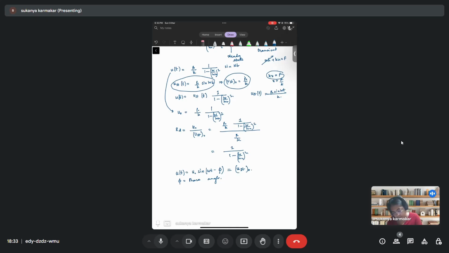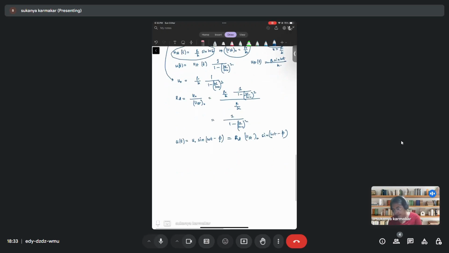Or you can also think of it in this manner, that u naught is Rd into ust naught. So u of t is Rd into ust naught into sine of omega t minus phi.